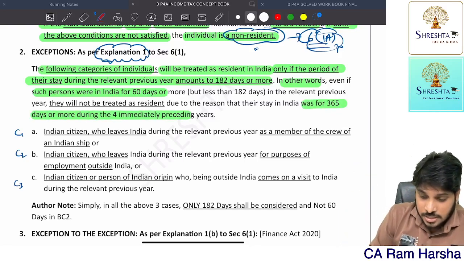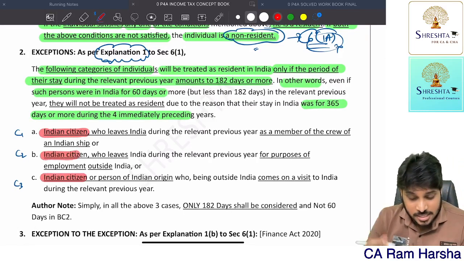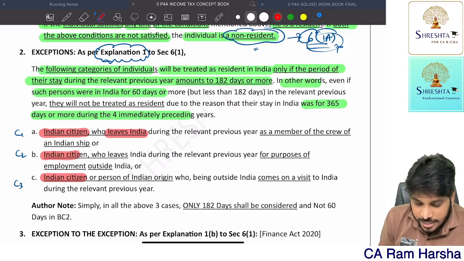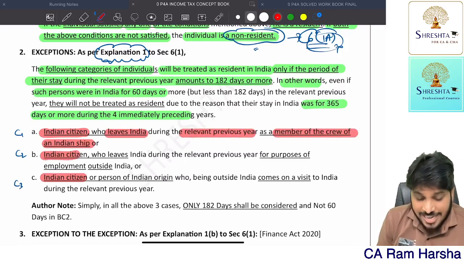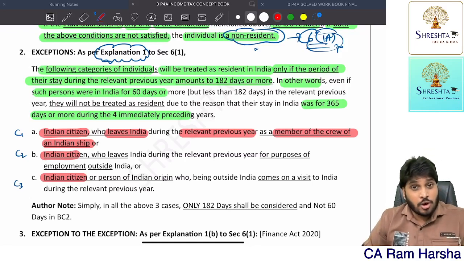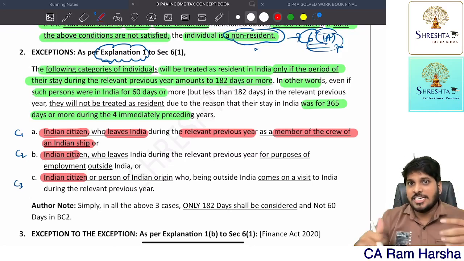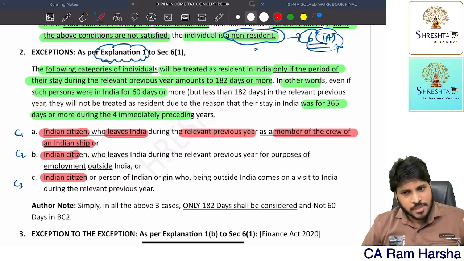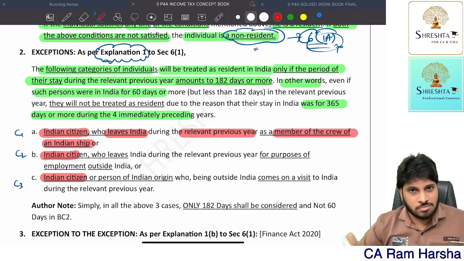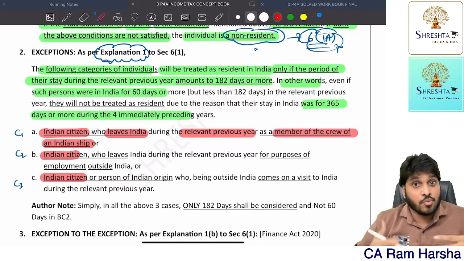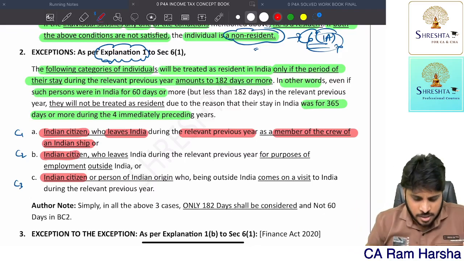Who are these persons? He is an Indian citizen. In all the 3 points, Indian citizen is common. First, an Indian citizen leaving India during the relevant year as a member of the crew of an Indian ship for a foreign-bound destination. It's an Indian ship only, working on international journeys, a voyage.